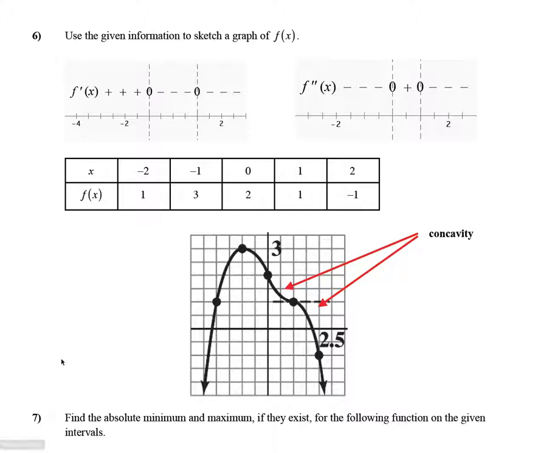you can see that from -infinity to right here at 0, and this does not mean that it's 0 here. This means that the value of the second derivative is 0. And so concavity changes there, from concave down, and at 0 it changes to concave up.